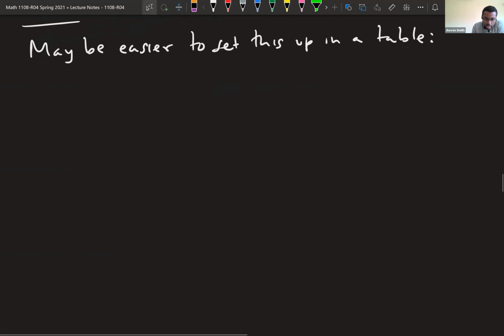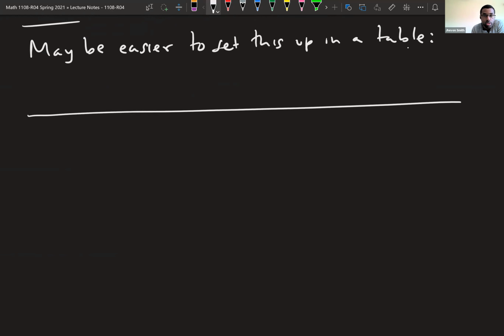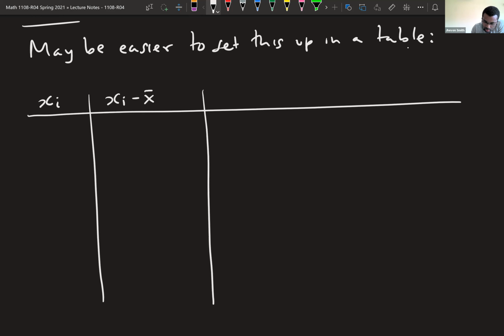Okay, so in the table, you would normally just go through and compute the individual parts that you need. So you'd have the xi's, then you'd have the xi minus the x bar. Then you have the xi minus x bar, and you're going to square it.